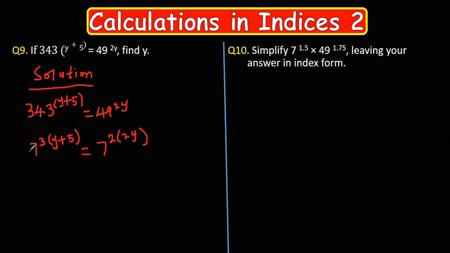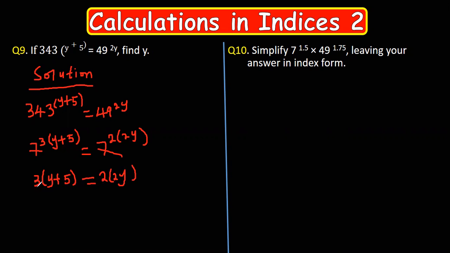So this cancels this, and this cancels this again. So they are out. So we should have 3, not raised to any power, times y plus 5, equal to 2y.